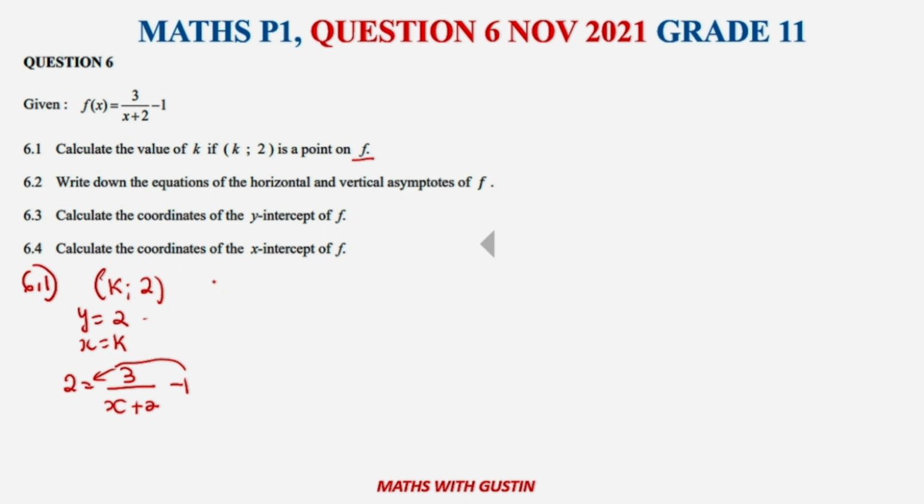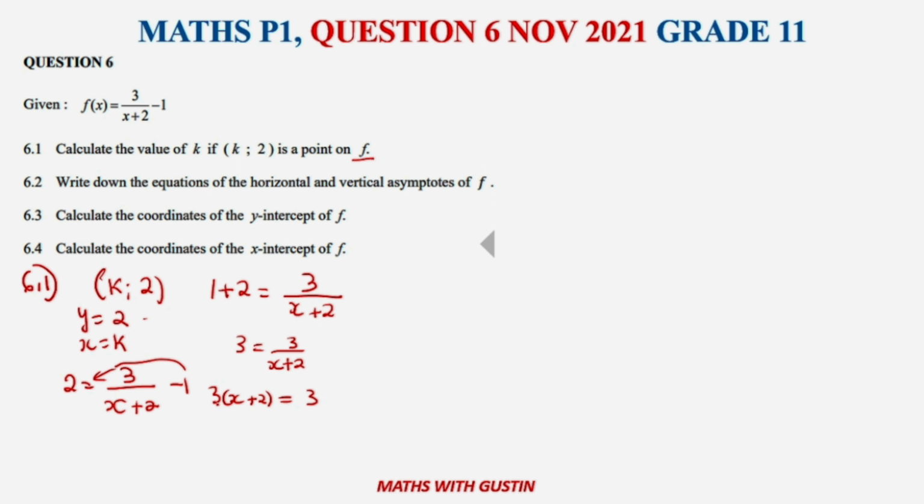If we take 1 to that side, it's going to be 1 plus 2 is equal to 3 all over x plus 2. So therefore you're going to have 3 is equal to 3 all over x plus 2. Therefore we can do cross multiplication. If we do cross multiplication, we're going to have 3 times (x plus 2) is equal to 3.